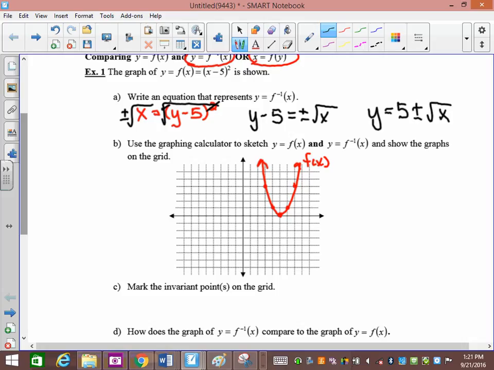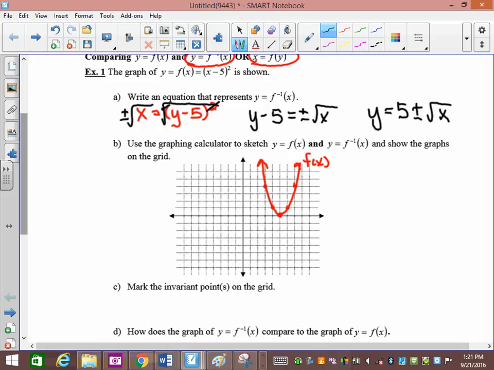Now, how do you put 5 plus or minus root x in your calculator? You have to put it into two separate equations. For example, in your y1, you're going to have 5 plus root x, and in your y2, you're going to have 5 minus root x. You can't put them in at once. You try that.